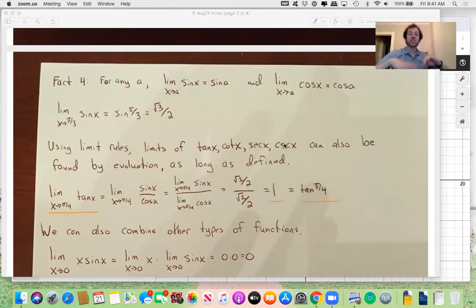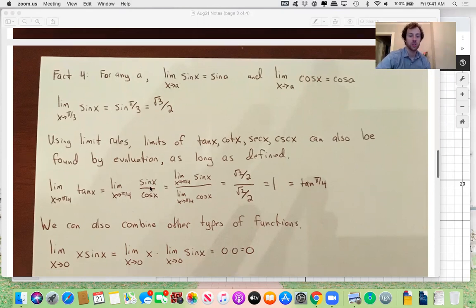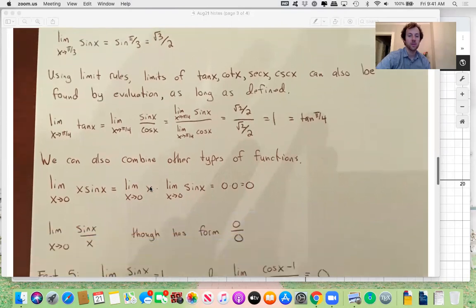So this expands the type of function that we can find by evaluating, not just that these are 6 more functions, but that these limit rules let us combine different types of functions. So for instance, focusing on this one, x sine x is a combination of this polynomial and a trig function, but our limit rules say, find the limit of each of the pieces separately.